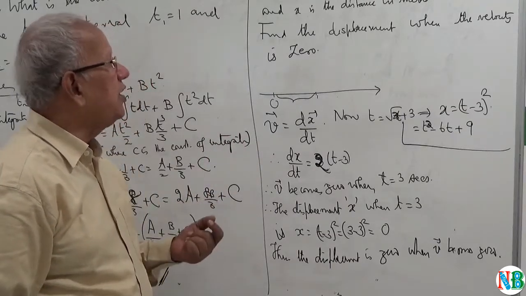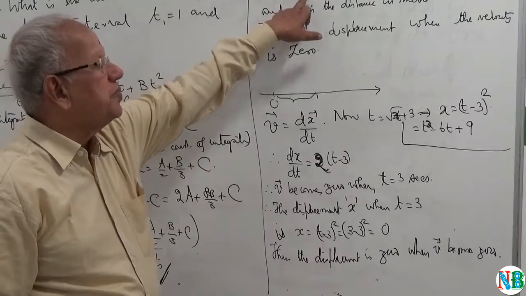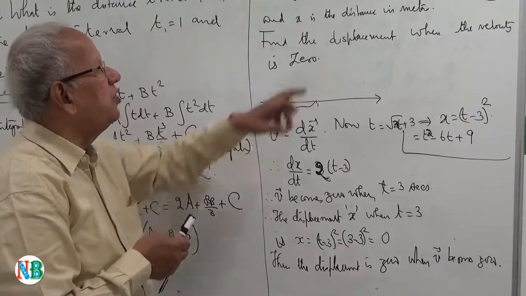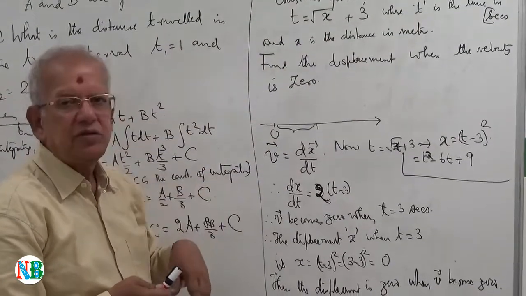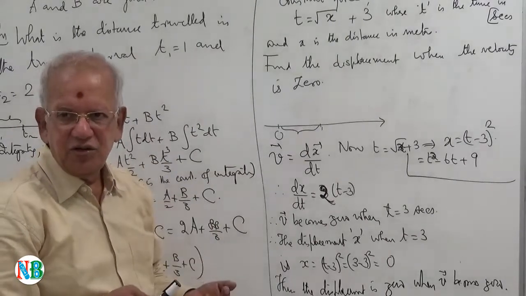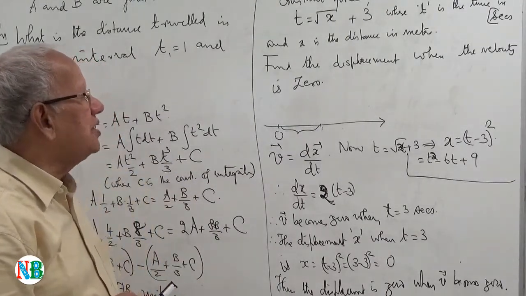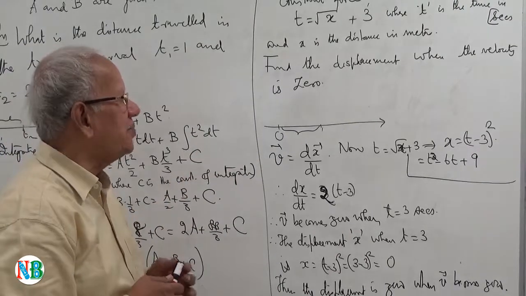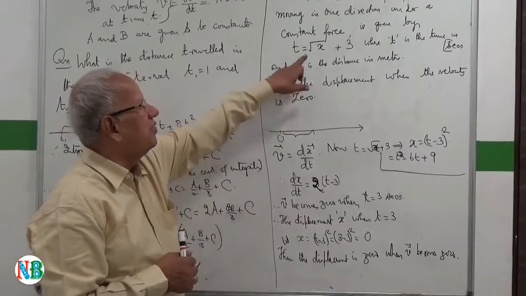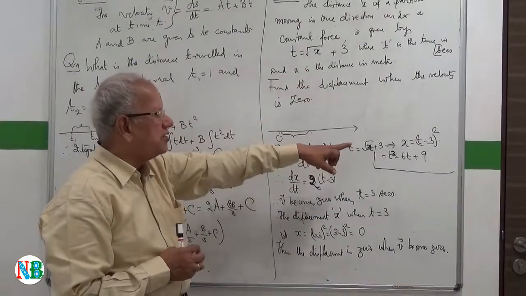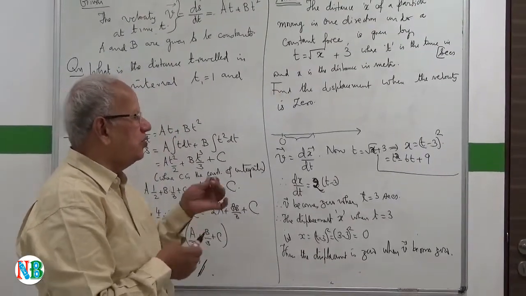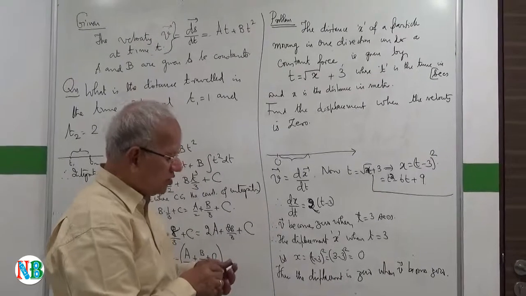Initially, when t equal to 0, what is your displacement? So can you see that? When t equal to 0, root x plus 3 equal to 0. Right? So root x becomes minus 3. See, that doesn't make sense. Root x is always taken to be positive in this understanding. But let's look at it, x equal to t minus 3 square.